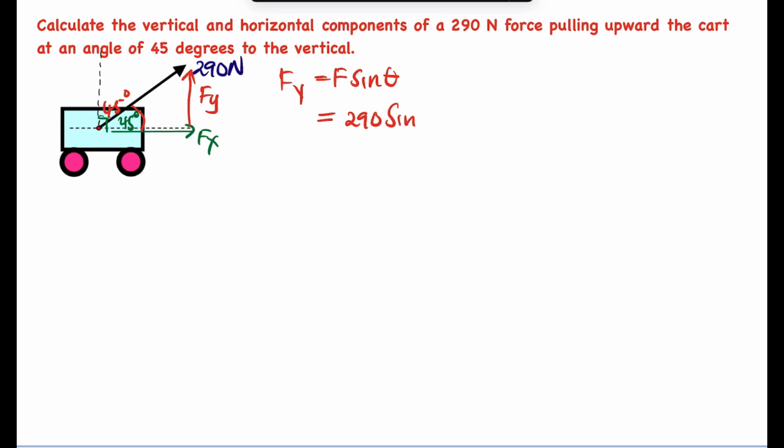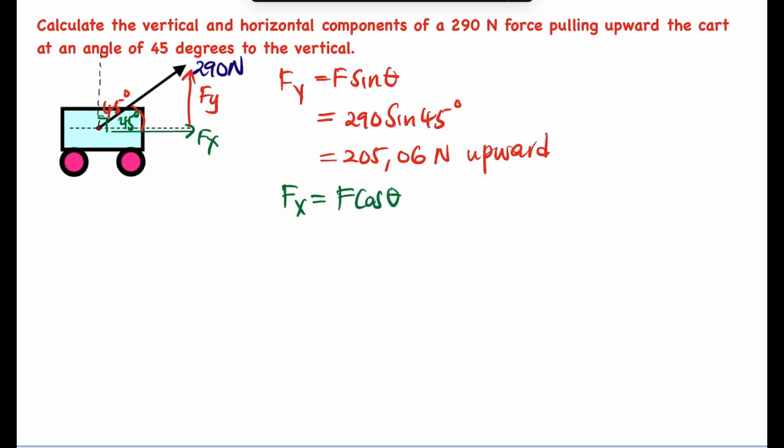We have 290 sine what? 45 degrees. So punching that, it's 290 sine 45. So it will be 205.06 newtons, and where is it going? Upwards. And then calculating the horizontal, your Fx is F cos theta, and then it's going to be 290 cos 45 degrees.